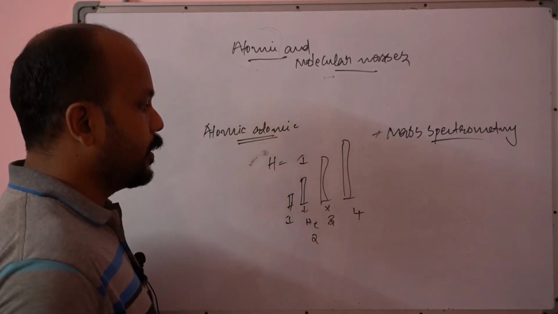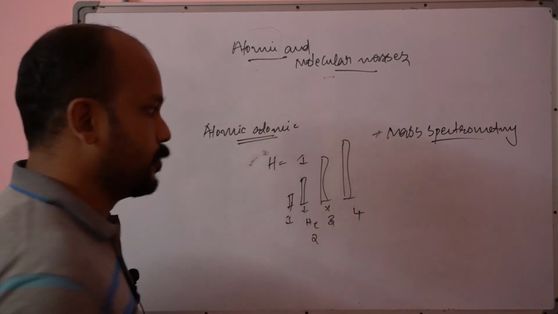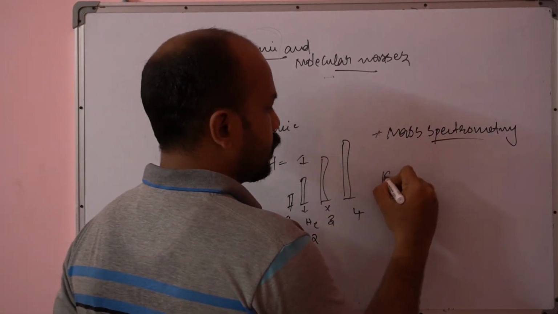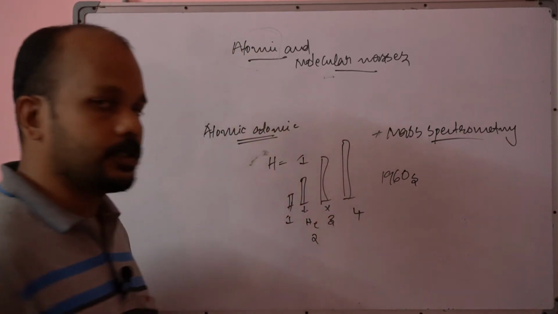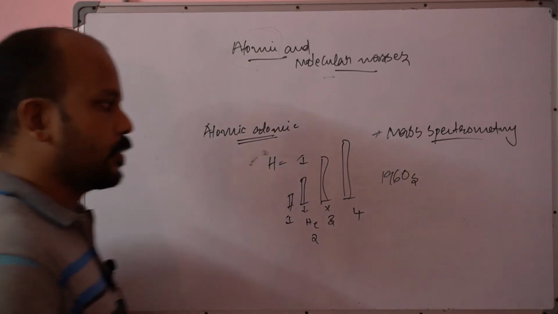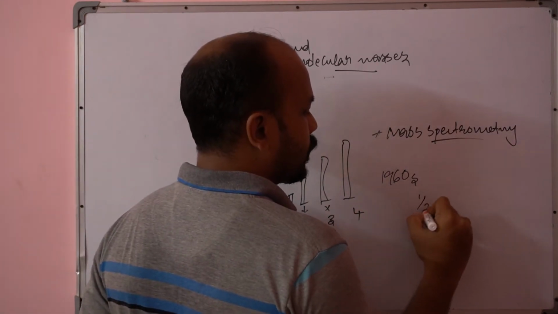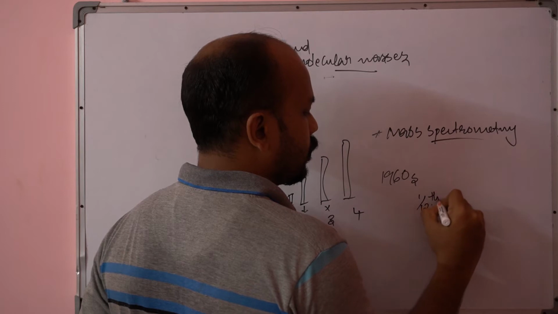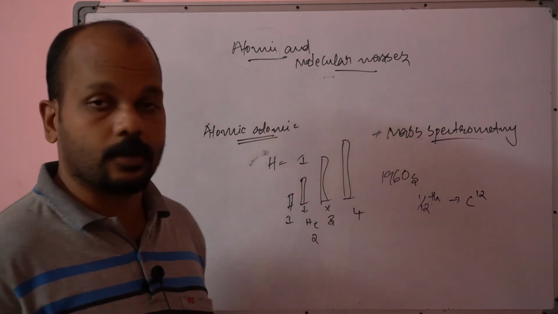Now, in the modern definition, during the 1960s, instead of the mass of hydrogen, they replaced it with the isotope, 1/12th of the mass of carbon 12.